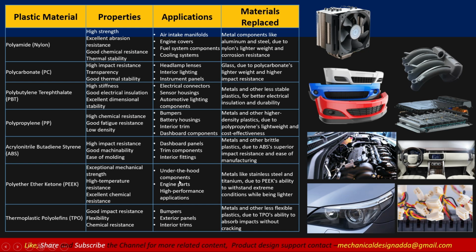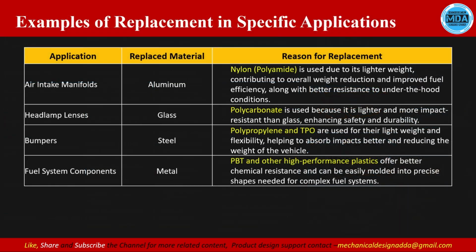So depending upon the application and the requirements, we use the plastic material accordingly. And it provides weight reduction and cost saving, it is easy for manufacturing, and we can go with complex shapes also with plastic material. And here you can see an example of replacement in a specific application.